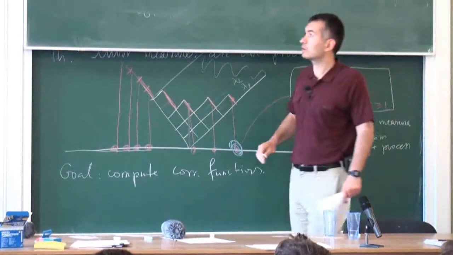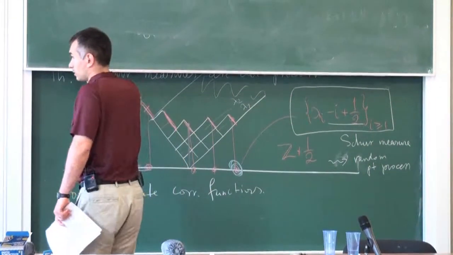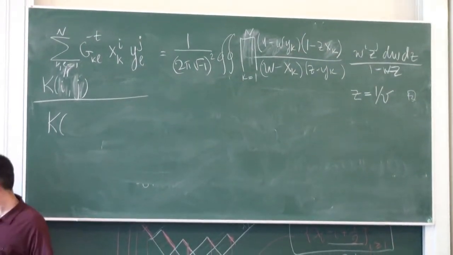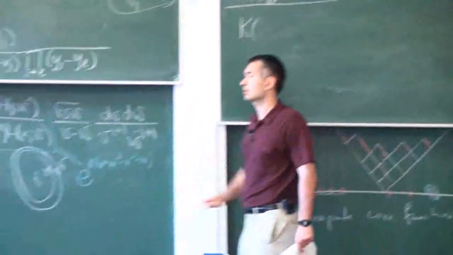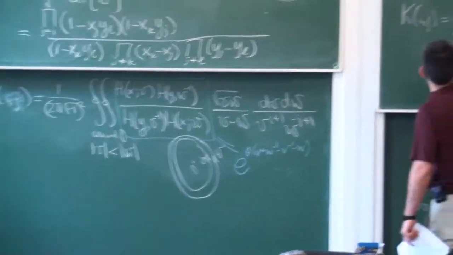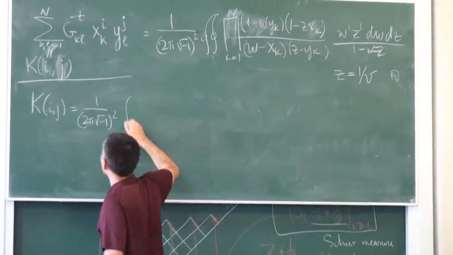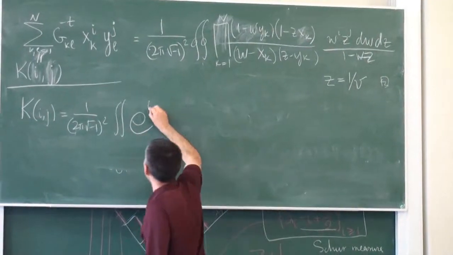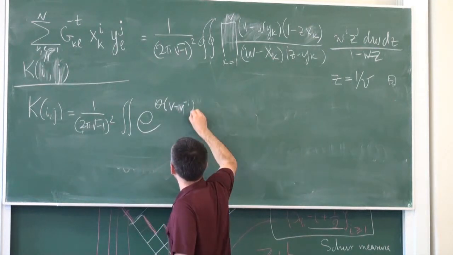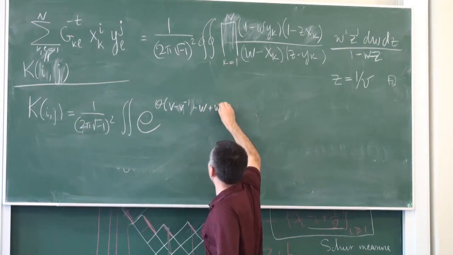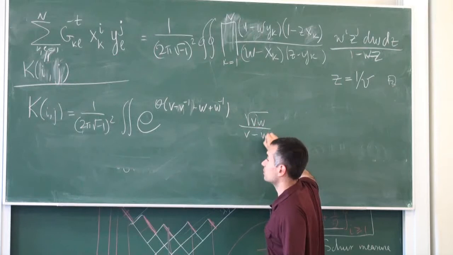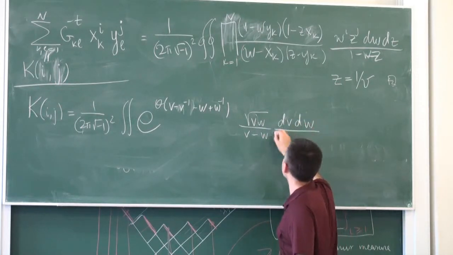So now I forget about these algebraic manipulations. I go back to this formula and substitute the Plancherel case. That tells me that my kernel has the form 1 over 2 pi square root of minus 1 squared, a double integral of the exponential of theta times (v plus v inverse minus w plus w inverse), over square root of vw times (v minus w), dv dw.